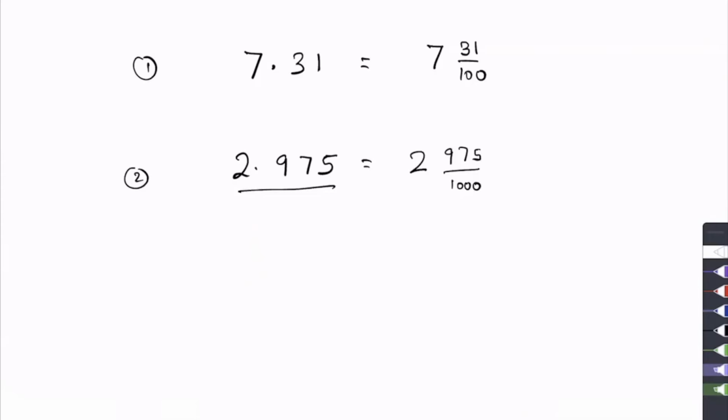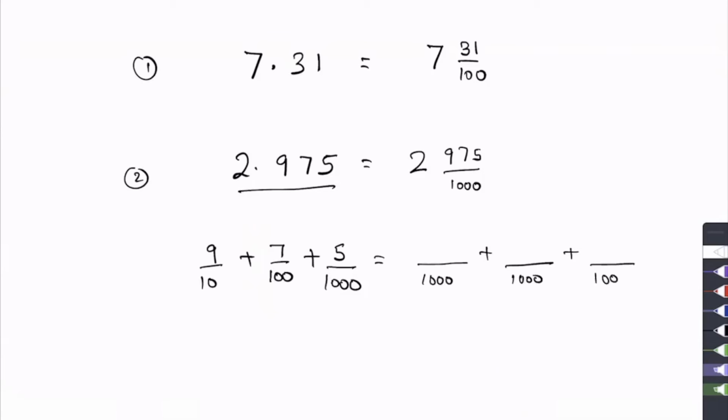So we know that the 9 is 9/10. The 7 is 7/100. And the 5 is 5/1000. If we write all of those fractions over the same denominator, so ideally I want to write them over 1,000, I can then add them quite easily.